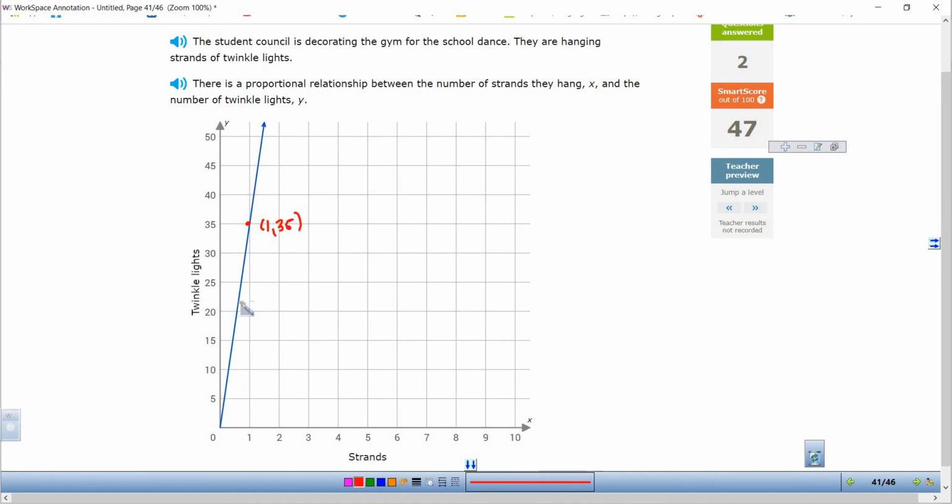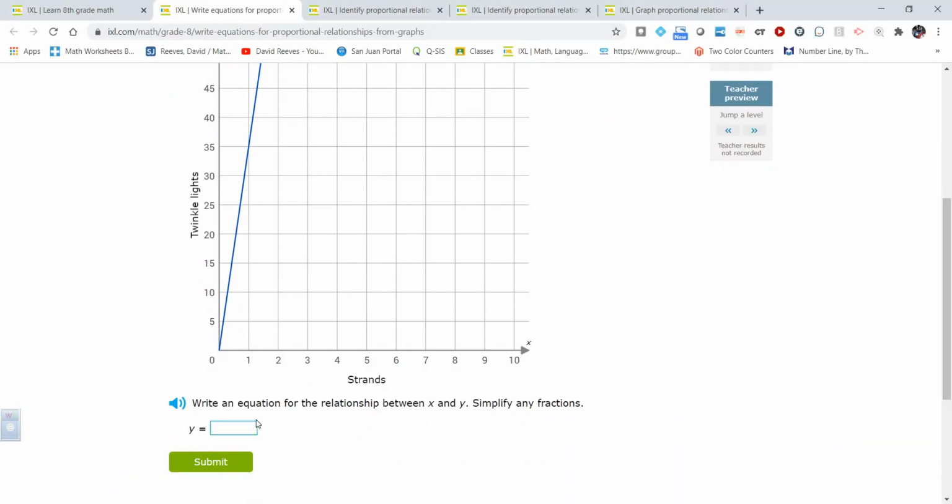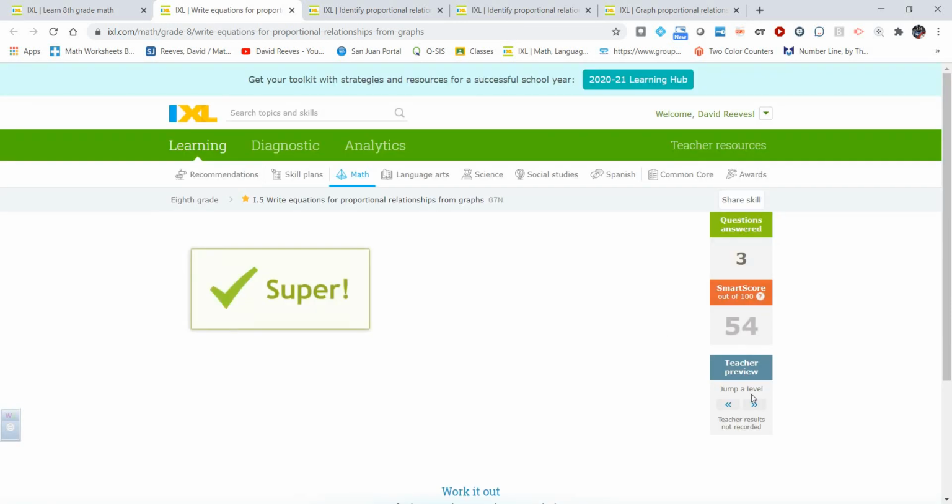The problem is up until that point, it was not on the grid, right? We're looking for a point that's on the line and on the grid. All right, so we do 35 divided by 1. I'll give you some think time on that. Wow, you guys are amazing. 35. So our equation is going to be y is equal to 35x, right?